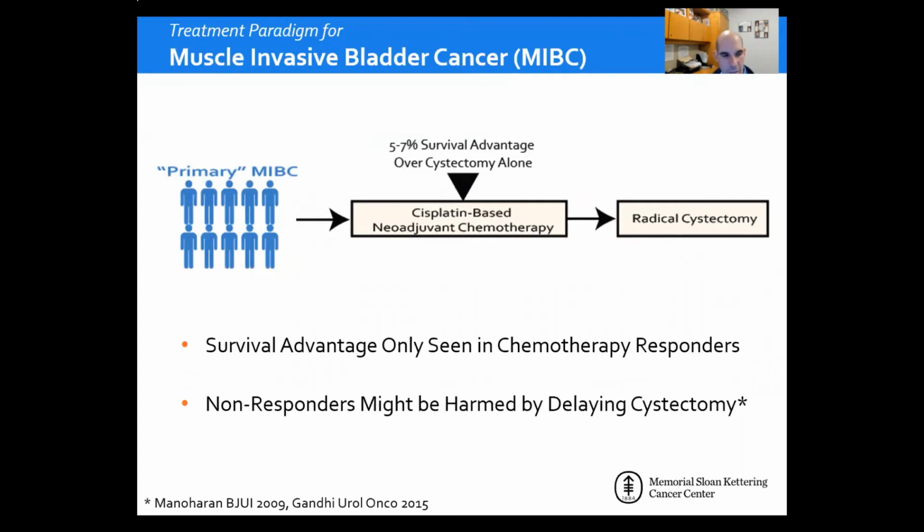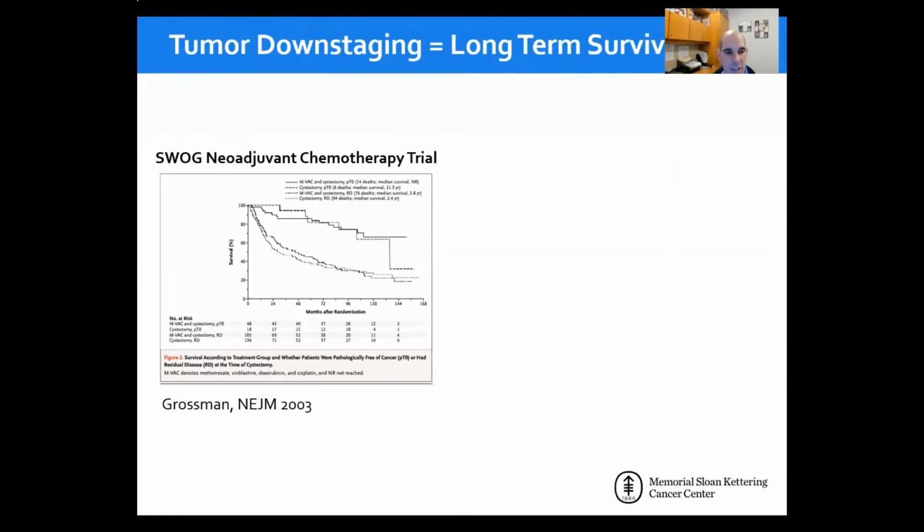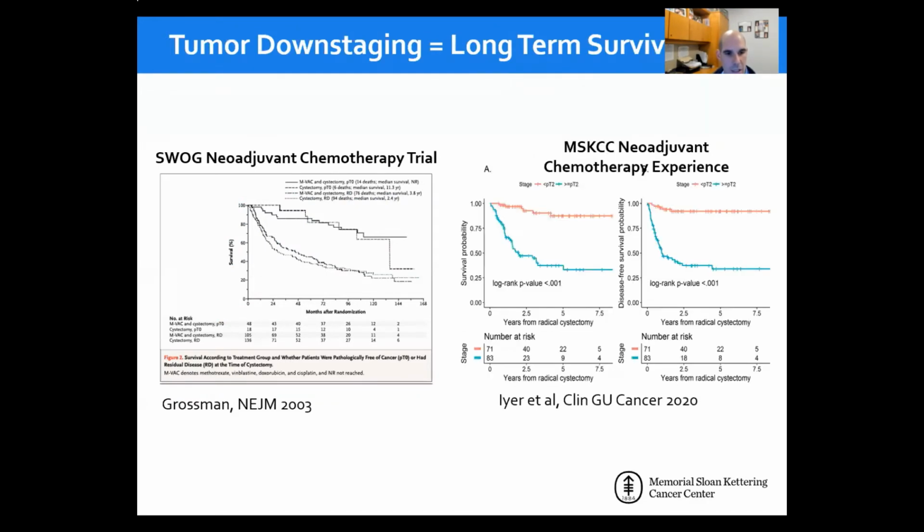However, as I'm sure you're all aware, that survival advantage is only really seen in chemotherapy responders, and patients who are non-responders to neoadjuvant chemotherapy may potentially be harmed by delaying curative cystectomy. And so this is the initial SWOG trial that is the most supporting of neoadjuvant chemotherapy.